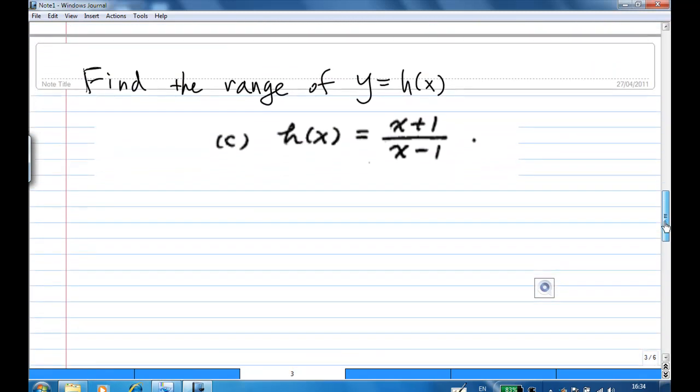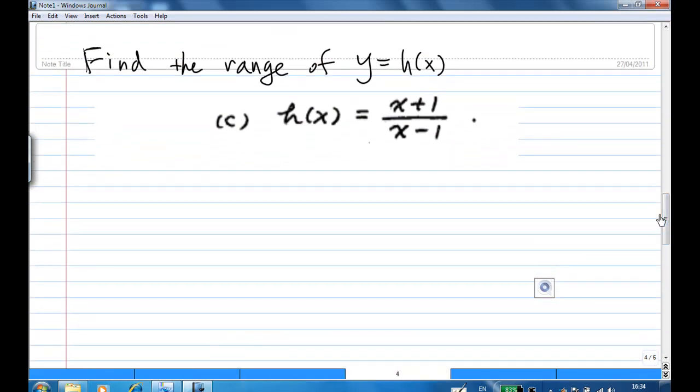Let's look at another example. Find the range of y = h(x), where h(x) = (x + 1)/(x − 1). So let's look at the domain of h first. The domain of h, which is the natural domain of h here, will be all the x. Since we cannot divide by 0, in order for the rule to make sense, x − 1 cannot equal 0.